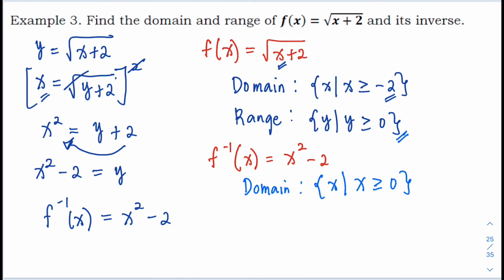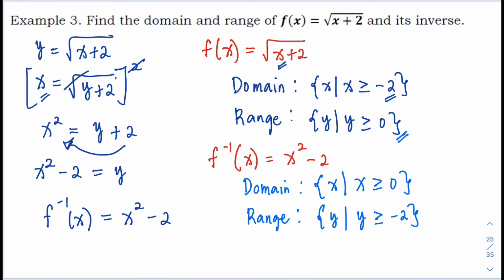But this time, naka-x siya since domain. Okay, then dun sa kanyang range naman, is the set of all y such that y is greater than or equal to negative 2. Okay? So, naintindihan ba guys kung paano kinukuha yung domain and range ng ating original function and inverse function?